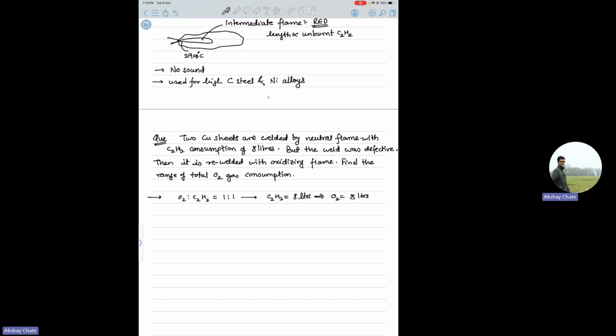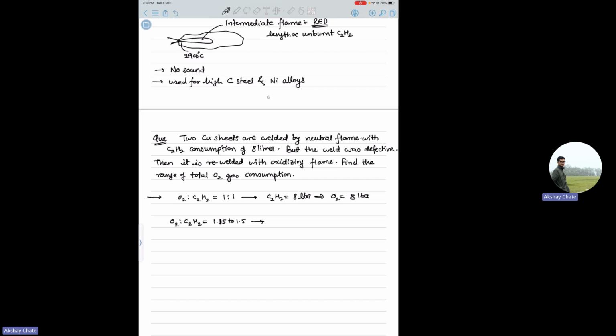But secondly, then they are using oxidizing flame. So we know that this ratio will be greater than 1 for oxidizing flames, right? So it could be anything between 1.15 to 1.5. In this question they did not give you the ratio, but if it is asked in some exam, they may give you this number directly, so you can use that also.